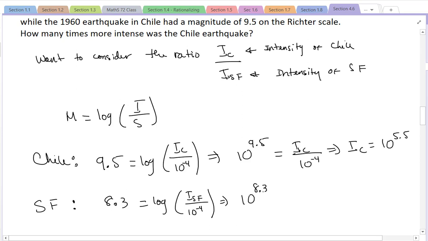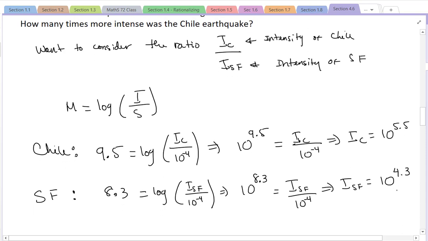So 10 to the 8.3 equals I San Francisco over 10 to the minus 4. Multiply both sides by 10 to the minus 4. So you're essentially subtracting 4 from 8. So the intensity of the San Francisco earthquake was 10 to the 8.3 minus 4, so 10 to the 4.3. So this gives us the intensity, which notice those are really big numbers.